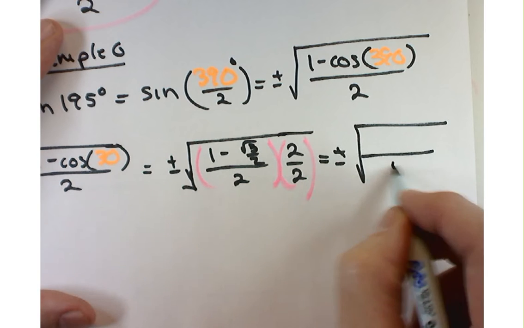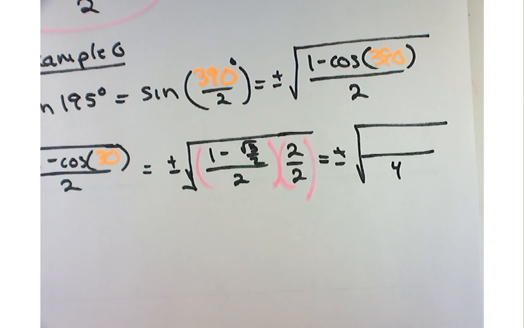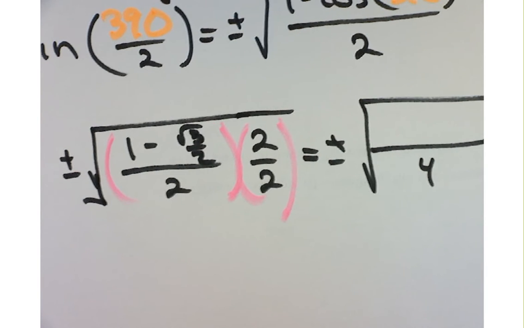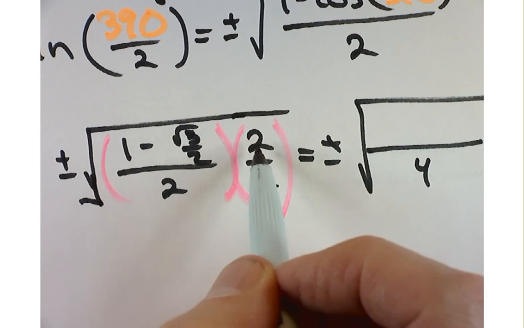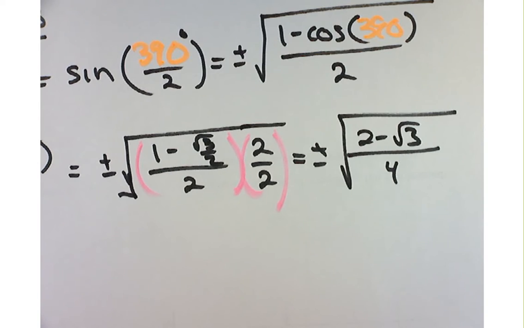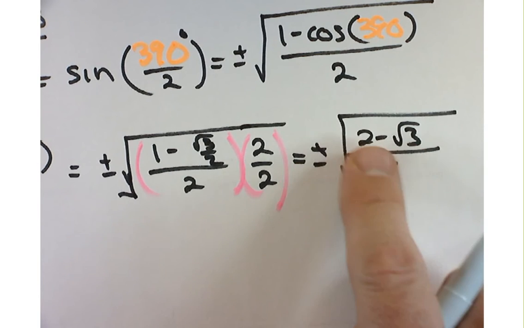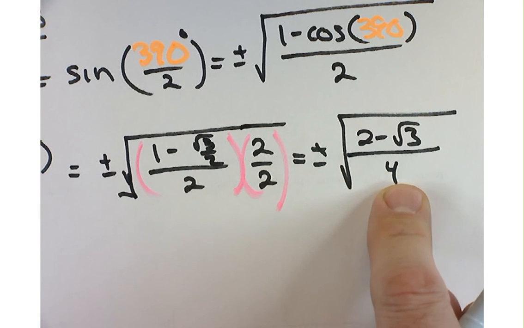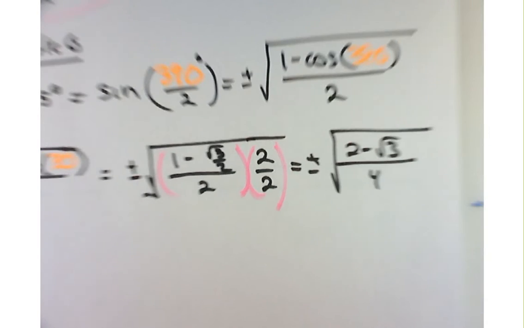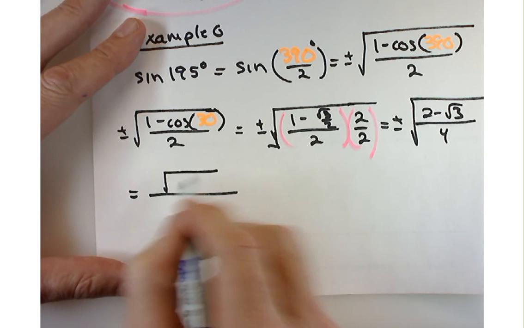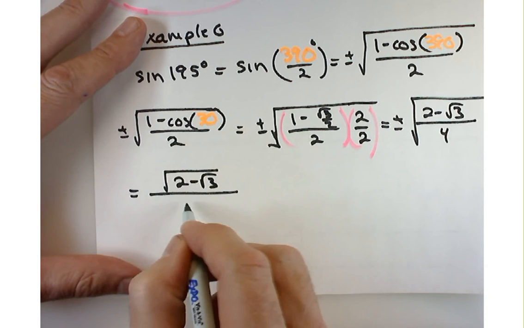I'll help you out in the denominator, that's a 4. What's left in the numerator? 2 minus square root 3. Finally, I'm going to break this up into the square root of the numerator and the square root of the denominator. Square root of 4 is just 2, so let's write a 2 in the denominator: square root of 2 minus the square root of 3, over 2.